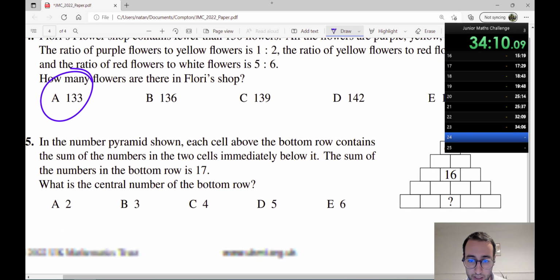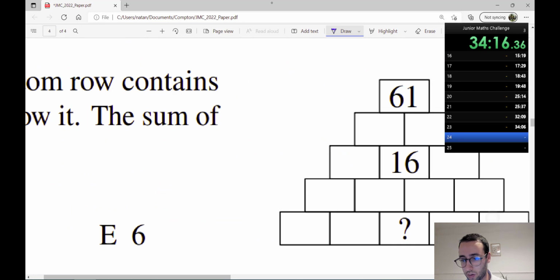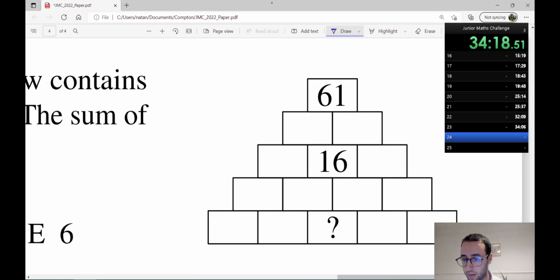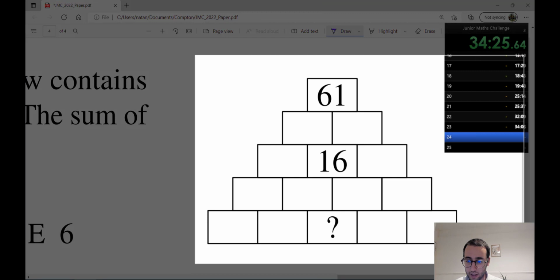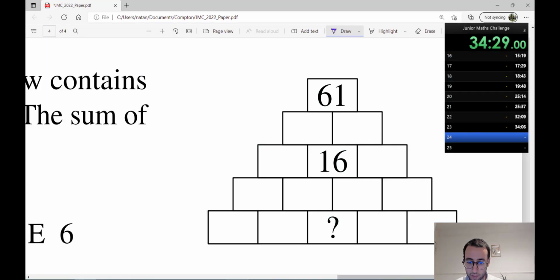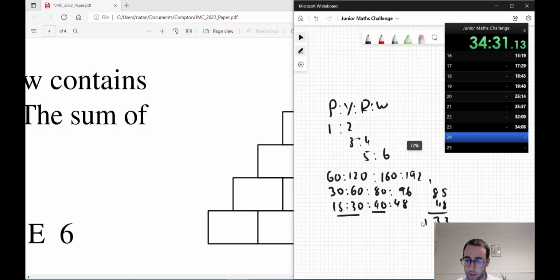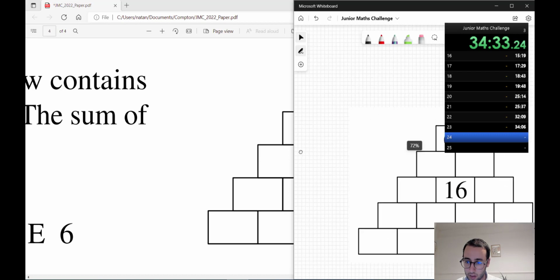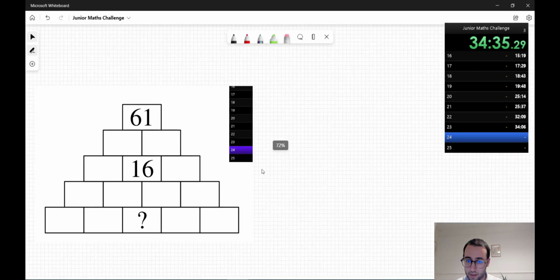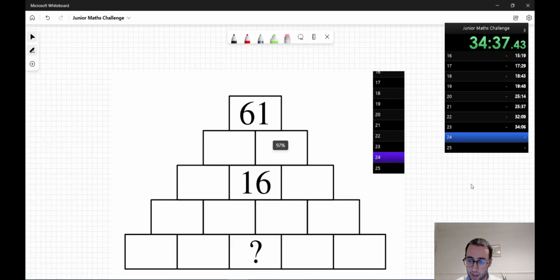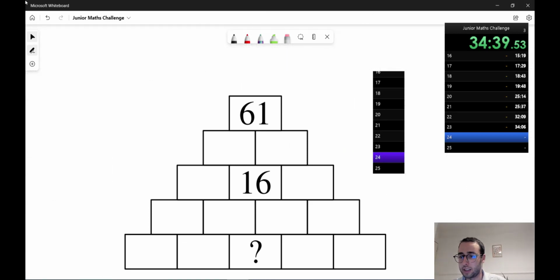So, in the number pyramid, each cell above contains the sum. Sum of the numbers in the bottom row is 17. Let's zoom into this guy. In fact, maybe I can do some clever copying and pasting to make my life better, because I want to do some serious algebra. Yeah, so let's grab this and let's put him into my whiteboard. Okay, and I think the bottom row said it was 17.